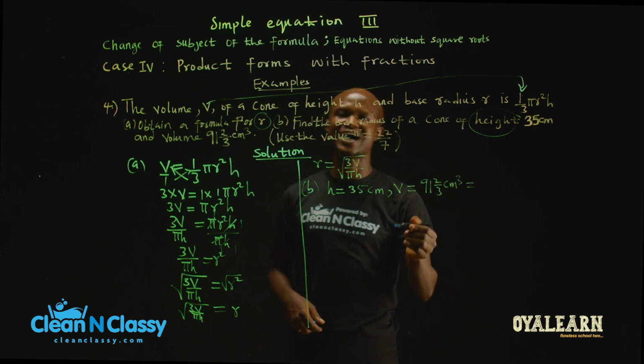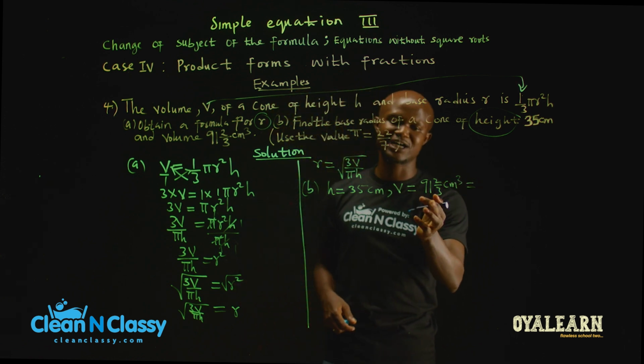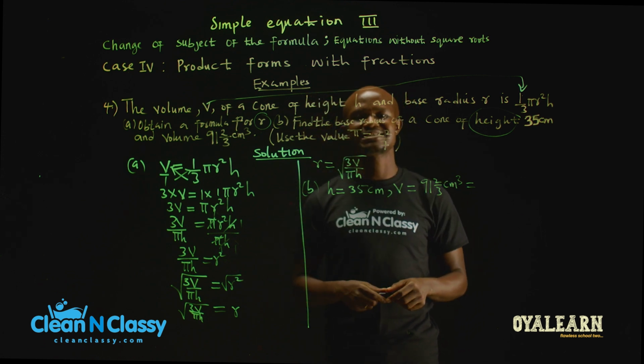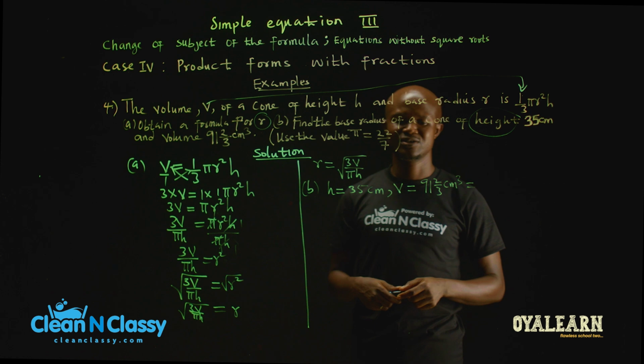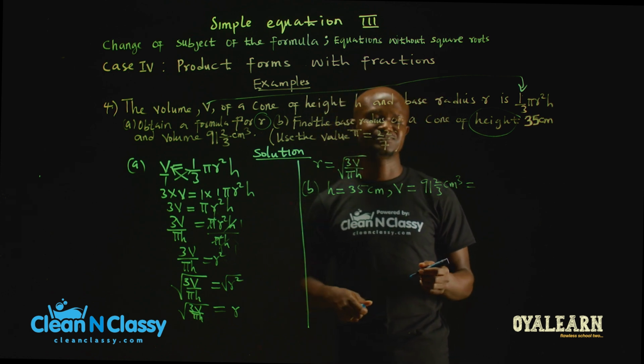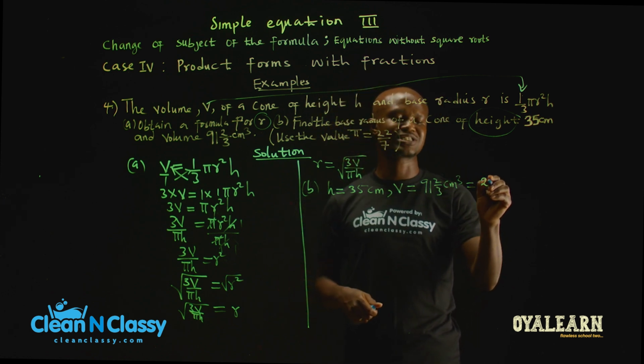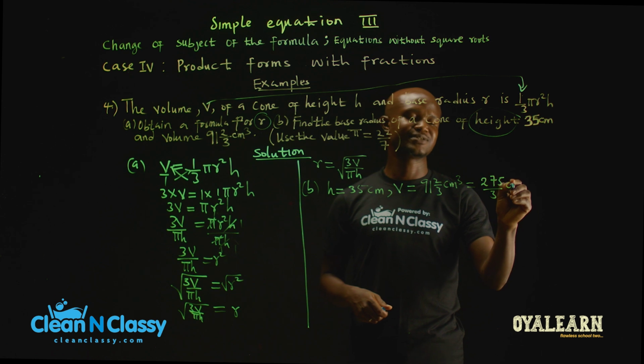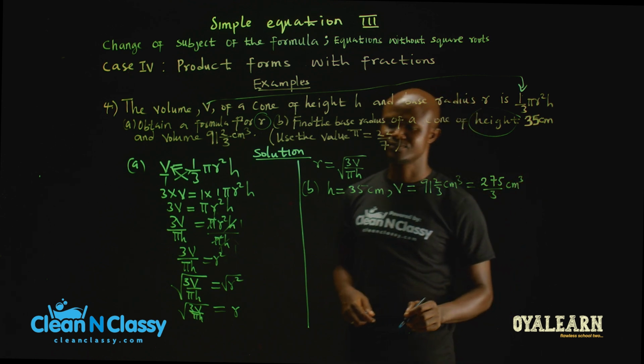So we need to convert this mixed number to an improper fraction. 91 times 3 will give us 273. Then plus 2, we have 275 divided by 3 cm³ as the volume.